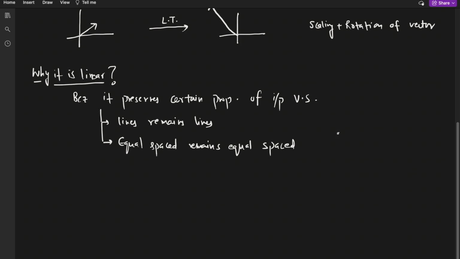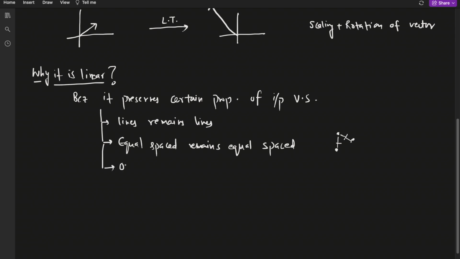For example, these are 3 points in the input vector space, and the space between this point and these 2 points is equal. After the linear transformation also, the space between these two pairs of points remains equal. Or you can say that the grid lines of the xy plane remain equally spaced.